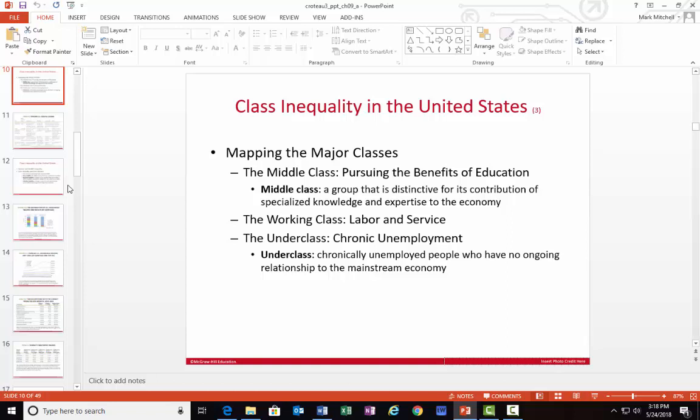All right, so the rest of the classes on this slide: the middle class, and for a country to do well, they need to have a nice middle class, in other words, people in that income level can afford things and they're not struggling financially. That's good for a nation overall. The working class, and then finally the underclass are the last two that we looked at.